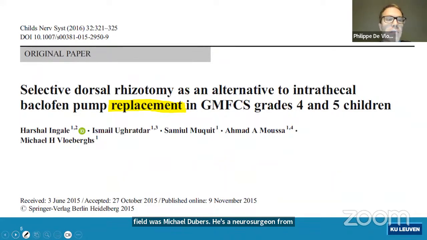This is an article he published in 2015, 2016, where he used SDR as an alternative to intrathecal baclofen pump replacements in these patients. I spoke to him a few times, and he was struggling with a few patients who had lots of complications. It was his idea to start with SDR in these patients who previously had ITB.